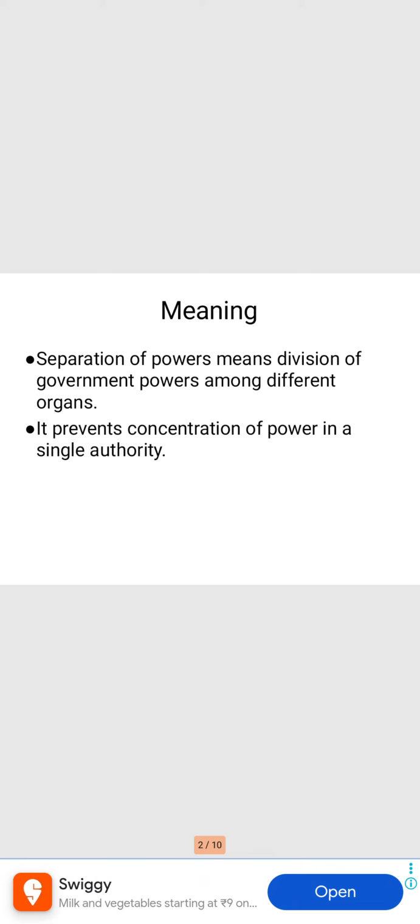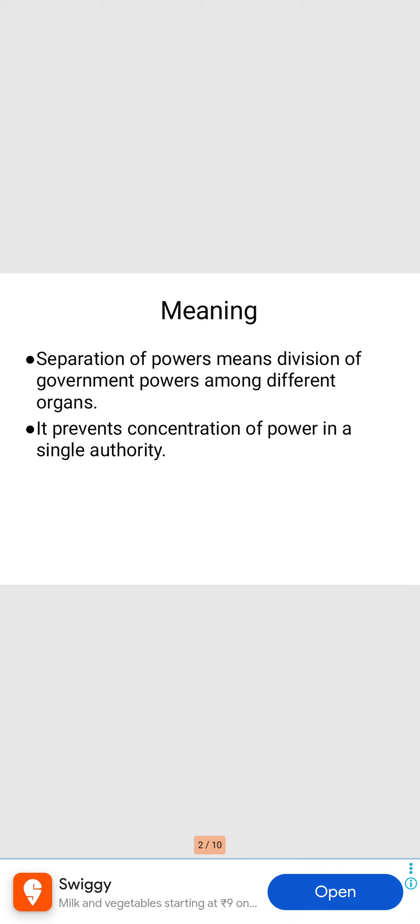So, here we have the legislature, which makes laws, the executive, which implements and enforces laws, and the judiciary, which interprets and applies laws, which is called the tripartite division of government. Why is it done? It is mainly to check and balance, or to prevent abuse of power and protect individual liberty.